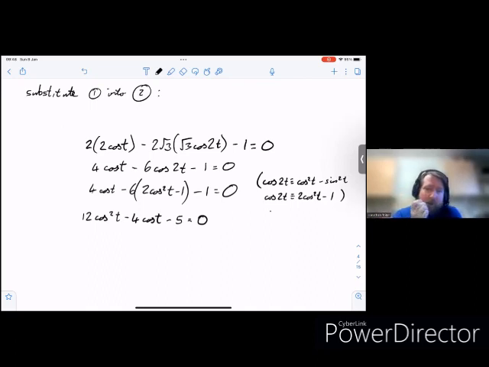Does it factorize? 60. And I think it might. Yeah, 60, 10, and 6. So it'll be minus 10 plus 6.